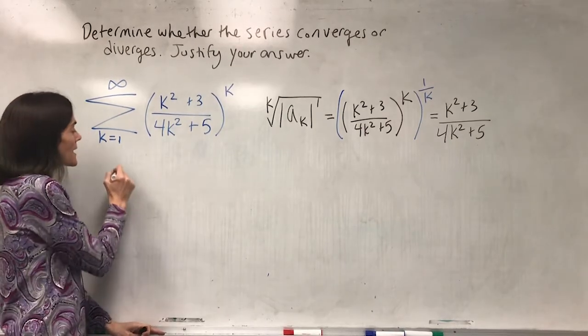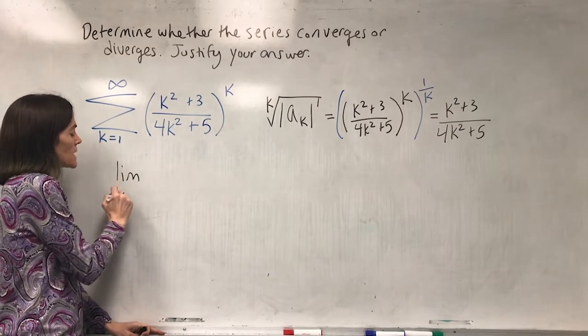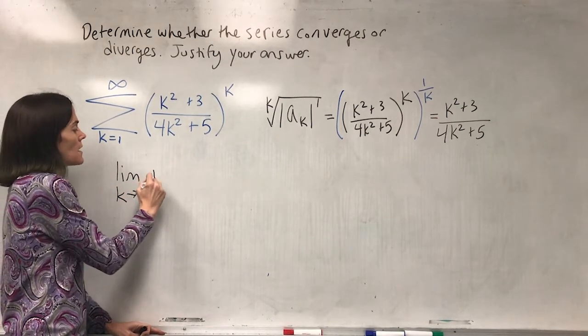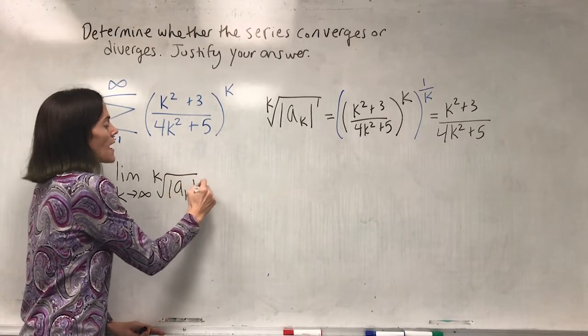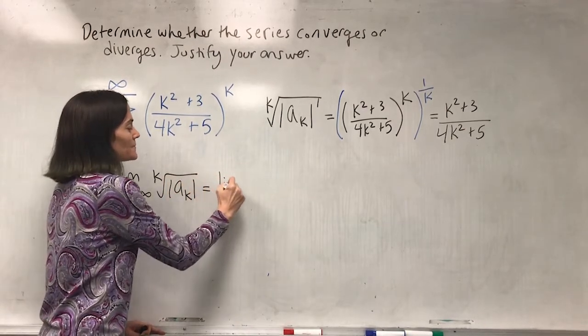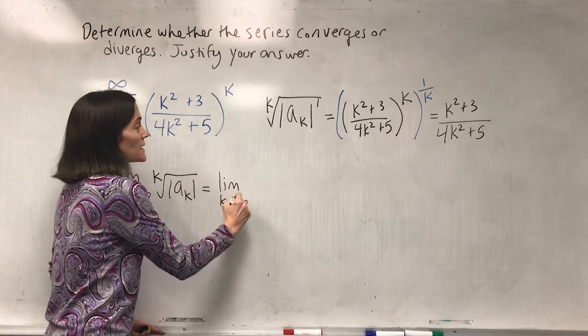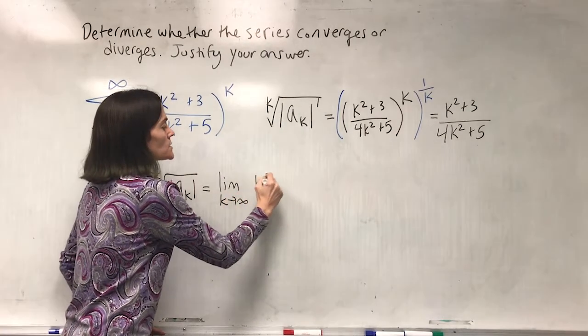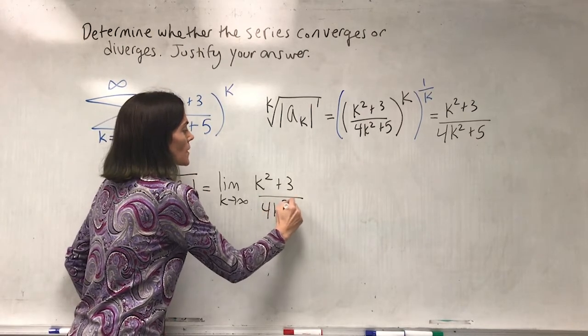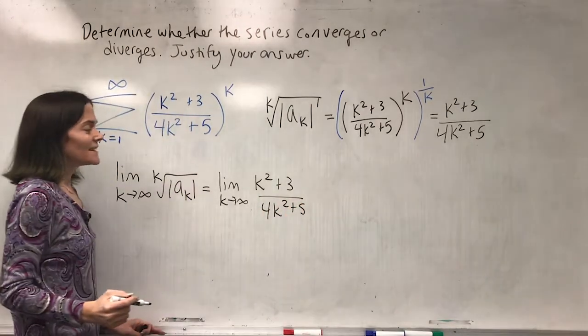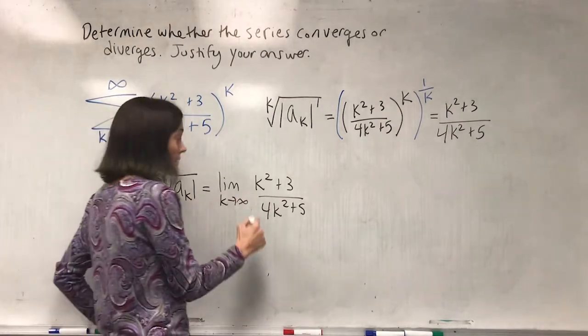terms, ak. Now we take a limit for the root test as k goes to infinity of the kth root of the absolute value of ak, and we get the limit as k goes to infinity of k squared plus 3 over 4k squared plus 5. This limit we can calculate.